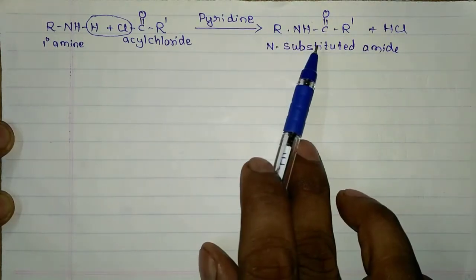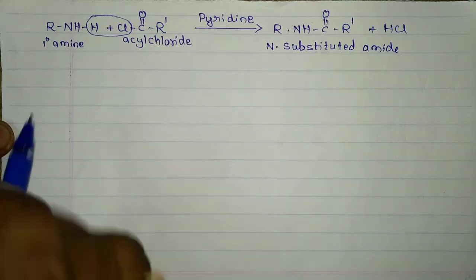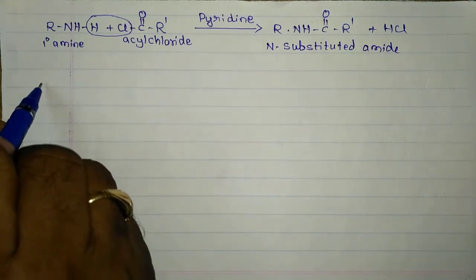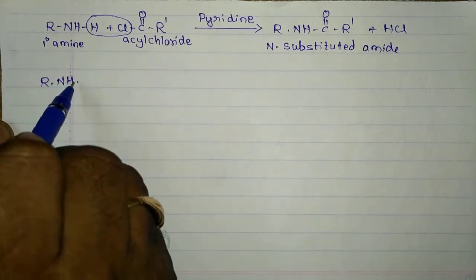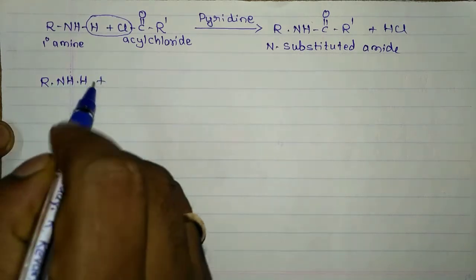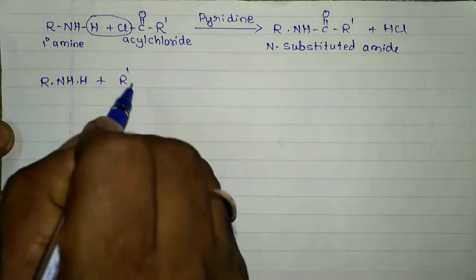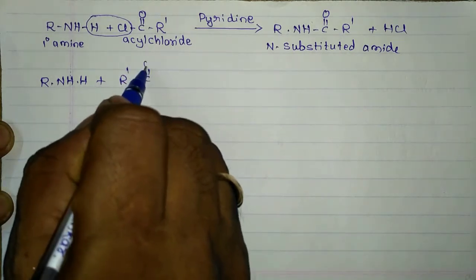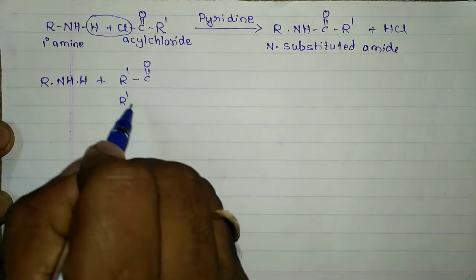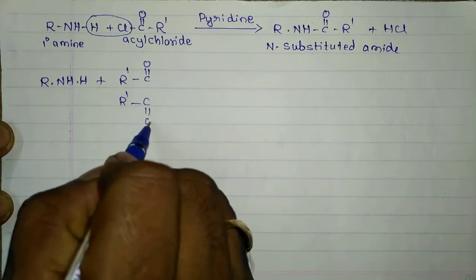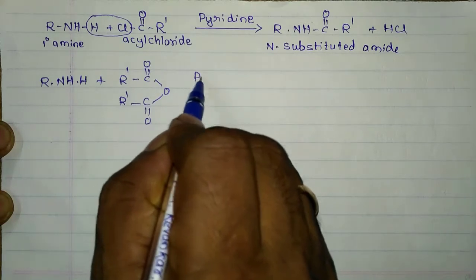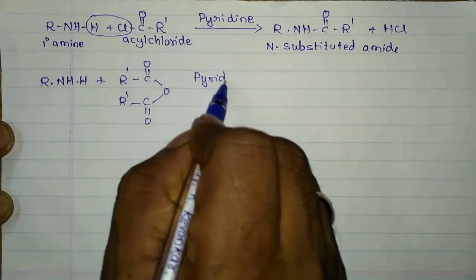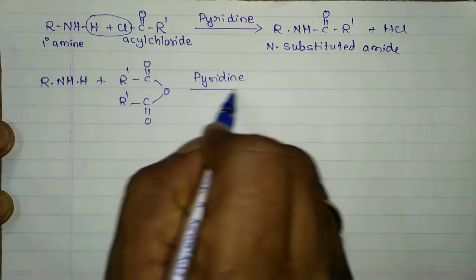In another case, RNH2, a primary amine, reacts with acid anhydride, (R'CO)2O, in the presence of pyridine, a basic catalyst.